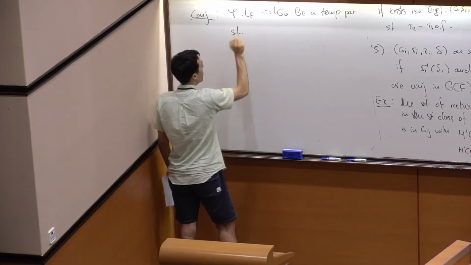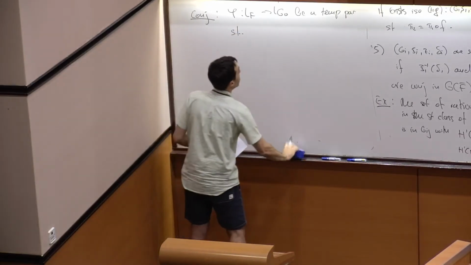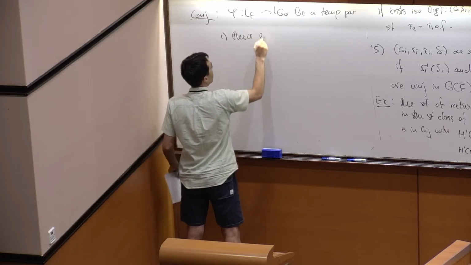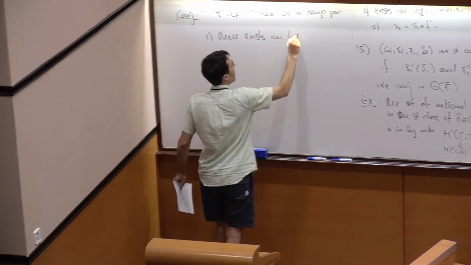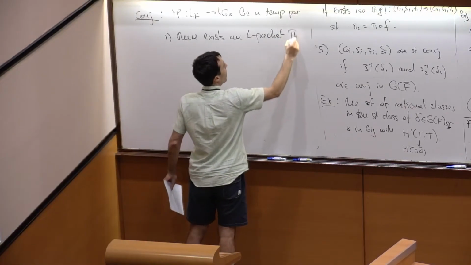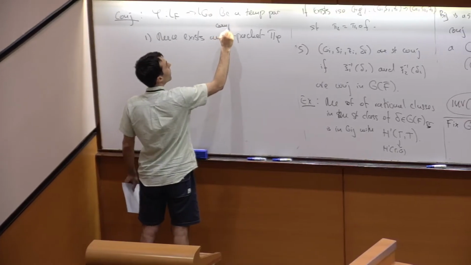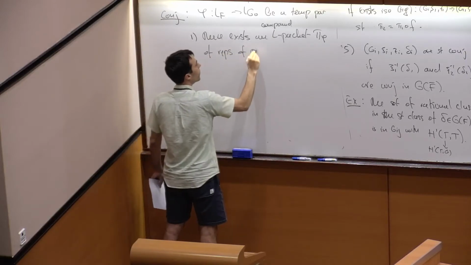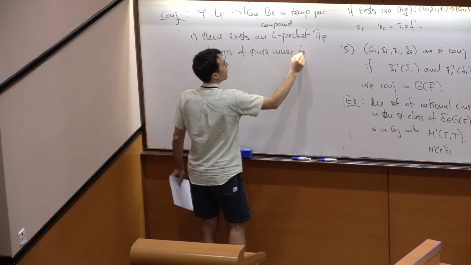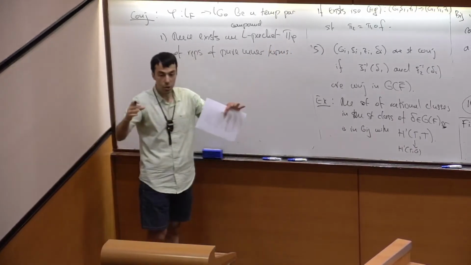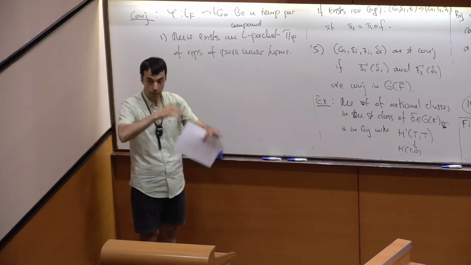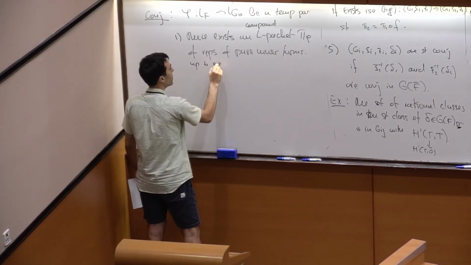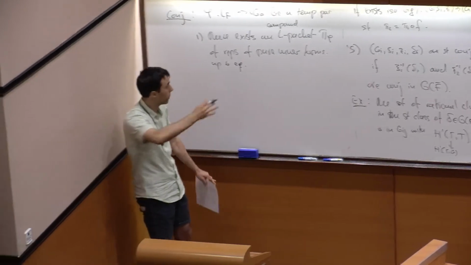So the first thing is, one, there exists an L-packet, Pi_phi, we can call it a compound of representations of pure inner forms. That is, this set consists of such quadruples of things that we defined earlier, representations of pure inner forms, of course up to equivalence, so equivalence classes of representations of pure inner forms.